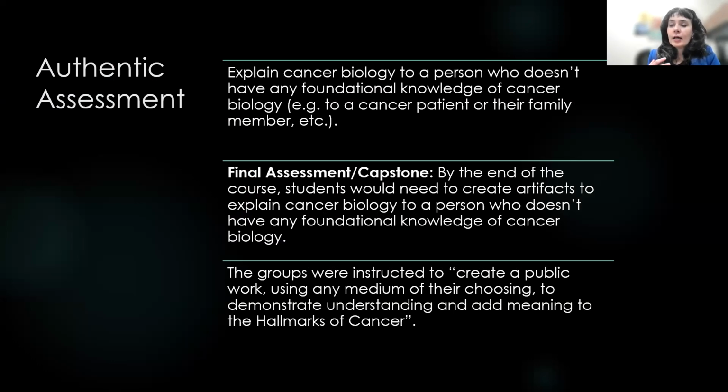So one of the first strategies she incorporated was a capstone. And her capstone, that final assignment, was so creative. When I was participating in her workshop as a participant, I was just so impressed by what she did and how she did it.